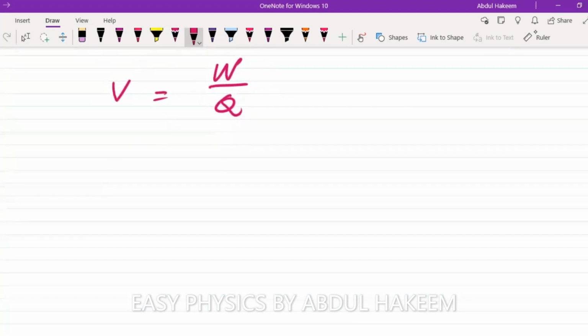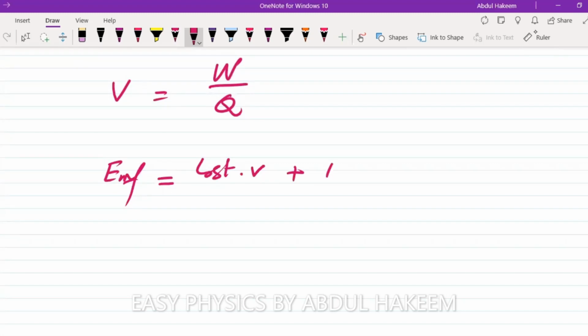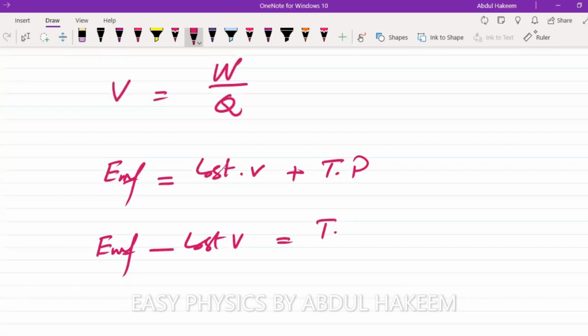Look, the EMF is the energy supplied per unit charge by the battery. Some is lost across the internal resistance, and some is transferred to the output circuit. That is called terminal potential. So the difference of the EMF minus the loss potential in the battery is called terminal potential.